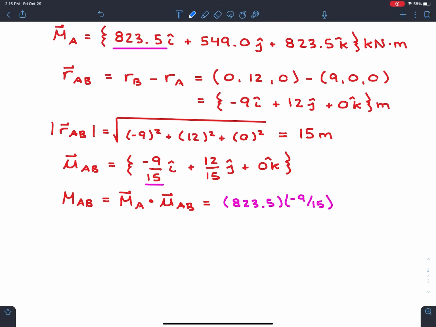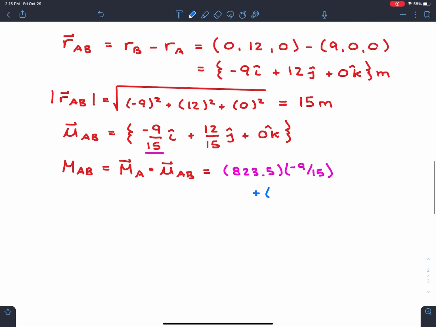And I'll switch to blue. Our second component, so we're going to go plus. The j, we have 549.0. I'm just going to scroll up a little bit. Don't worry, I'll go back. 549.0 multiplied by the second j component, 12 over 15. And then our final component, I'm not going to worry about it too much because as we can see, the k component of the unit vector is 0.